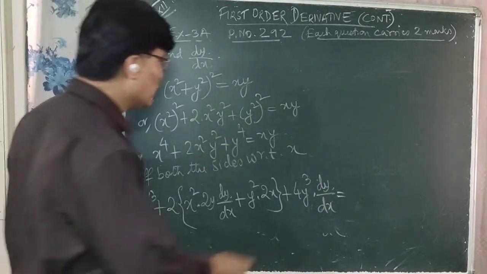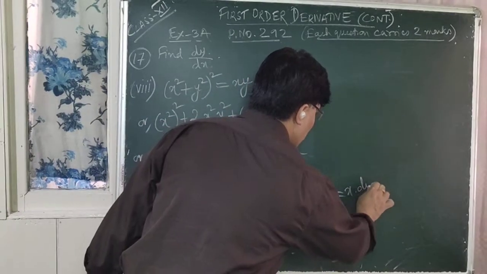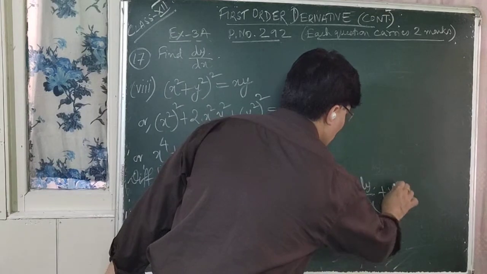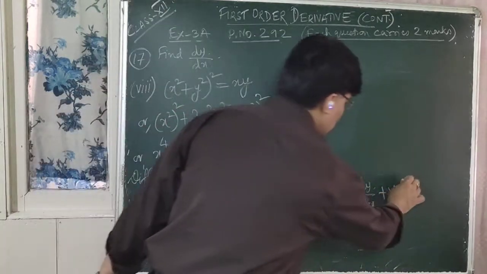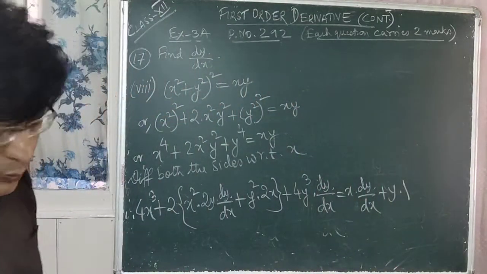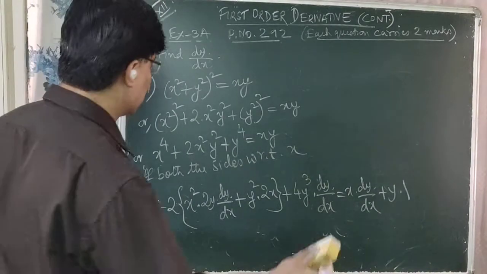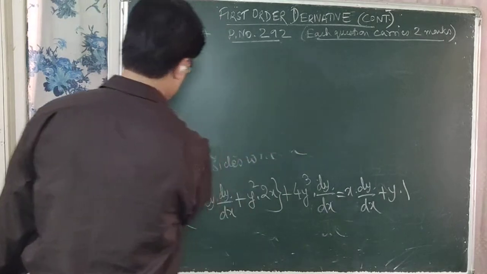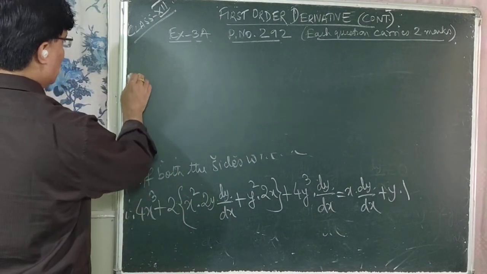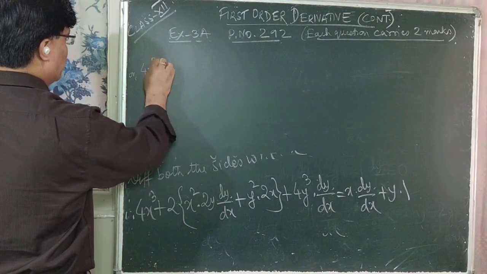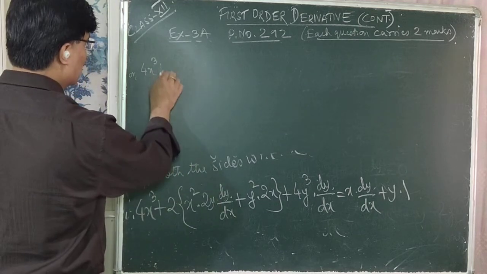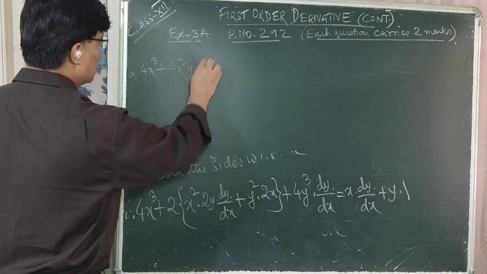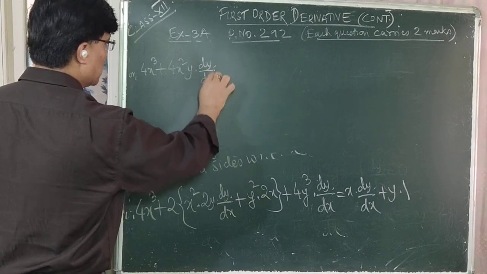You have to use again UV rule. So x into y differentiation with respect to x, it is x dy by dx plus y into, what is dy by dx of x? It is 1. Actually, you don't have to write 1 because y ones are y, isn't it? So let us simplify it further now. So this is 4x cube, right? Now multiply by 2 here, plus 2 2s are 4, x square y into dy by dx, right?